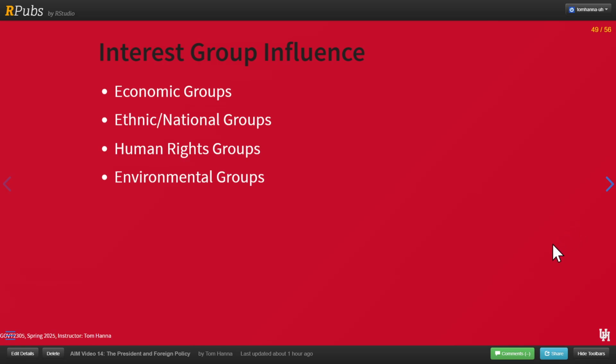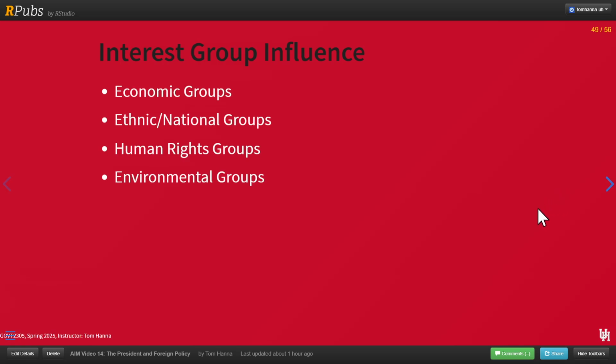Human rights groups. Amnesty International is a big one. Environmental groups, Greenpeace, has influence over U.S. environmental policy. Amnesty International has influence, and both of these groups have influence over both foreign and domestic policy.